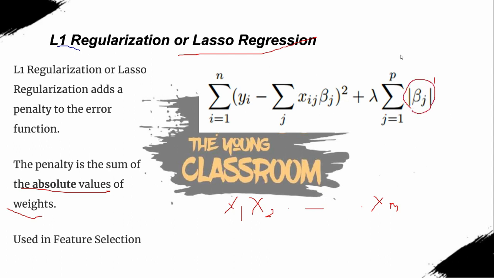Of course, I won't be going into detail about why it turns to 0, but you can keep in mind that for not important features, lasso regression turns the corresponding beta values into 0. And it is thus used in feature selection, as it can be used to select the important features and reject the non-important features.